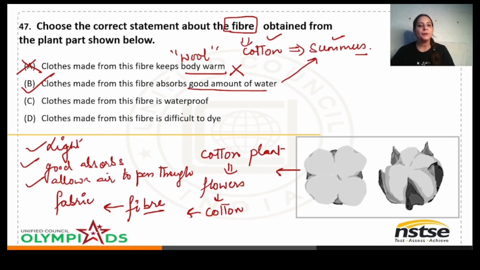Clothes made from this fiber are waterproof. No, anything which is waterproof doesn't get wet, but cotton gets wet. Clothes made from this fiber are difficult to dye. Again wrong, because we can dye cotton in different colors. So the correct answer is option B.